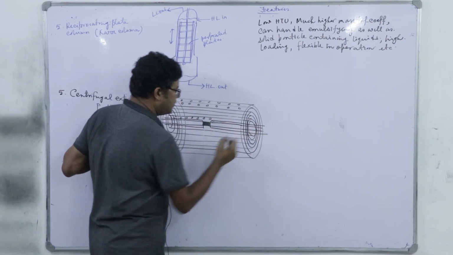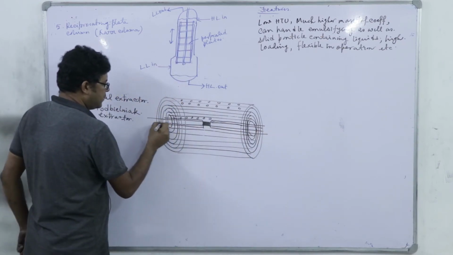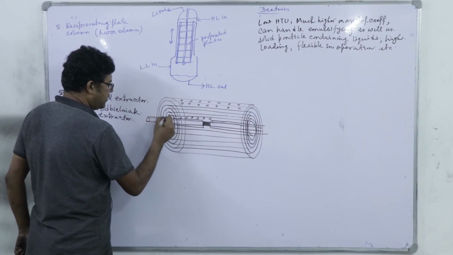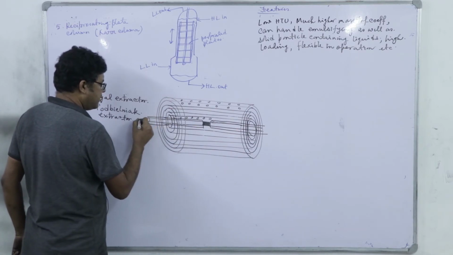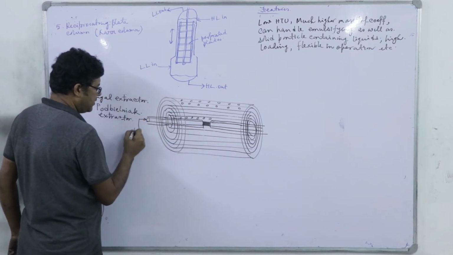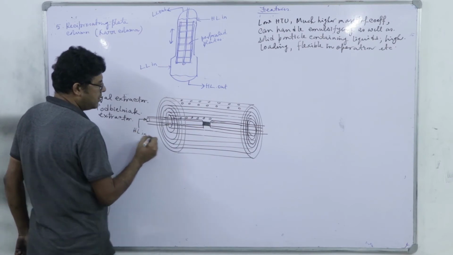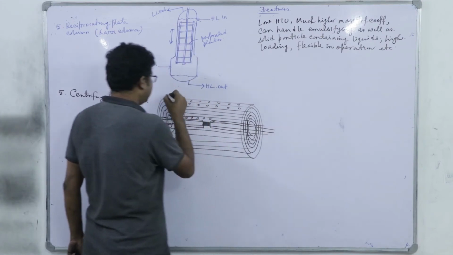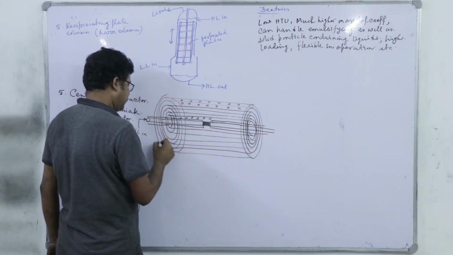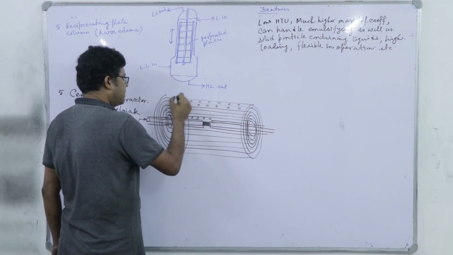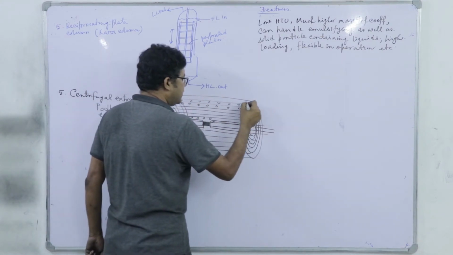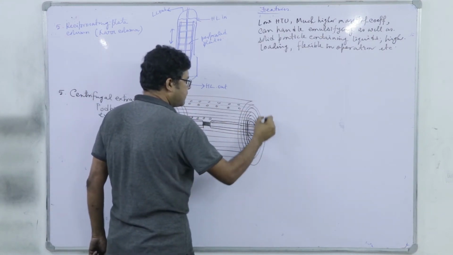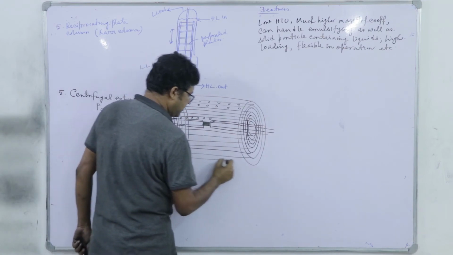Now see what happens. Through the central core, and there is an annular region, through the central core we deliver heavy liquid in, and on the other side and outside definitely there is a solid casing, that is the cover.